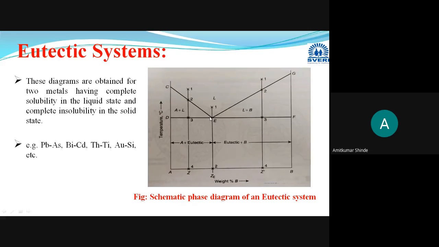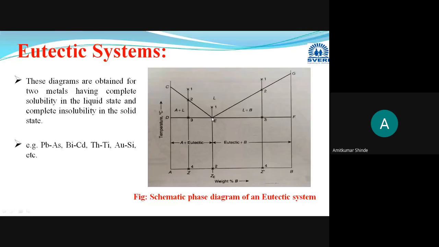What these lines indicate is that when the amount of element B in element A increases, the melting point of the alloy goes on decreasing, and when the amount of element A in pure metal B increases, its melting point also decreases continuously.